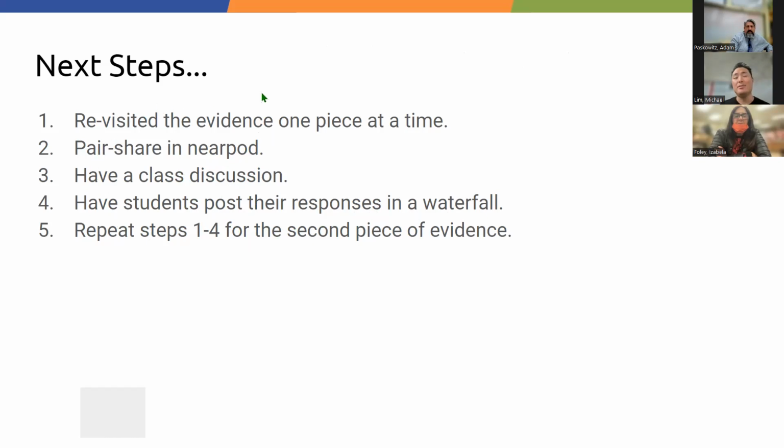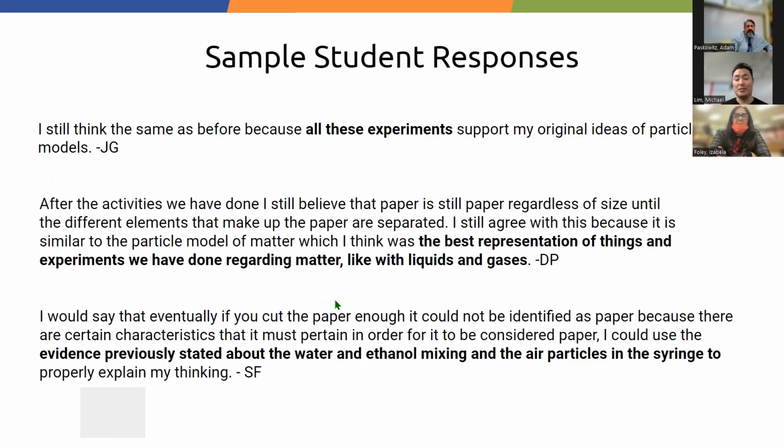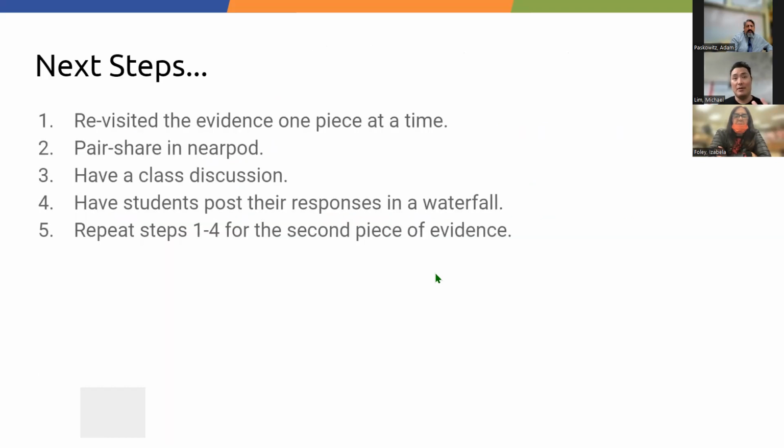And then the students can see, okay, it's not about just saying ethanol and water, like it's a magic phrase that gets you full credit. It's not about referring to the representations of liquids and gases. It's going to be a reference to the mass of air was 0.01 grams.